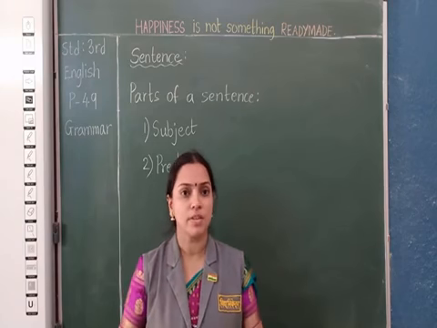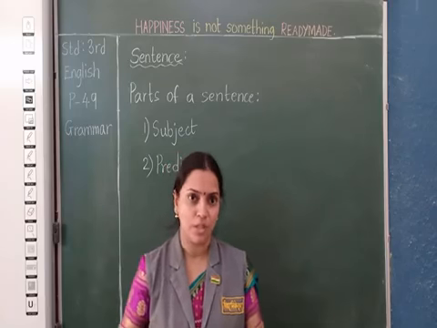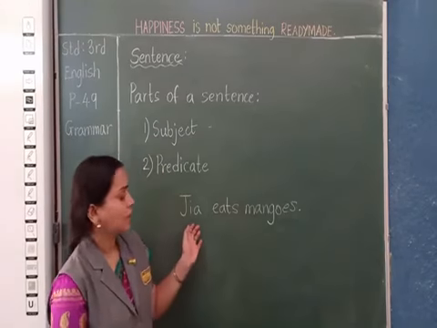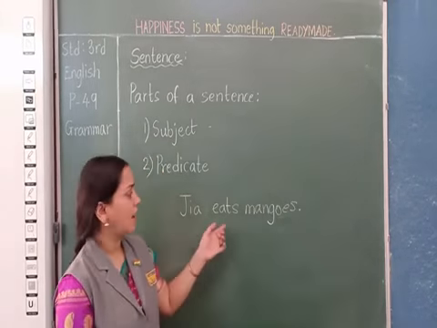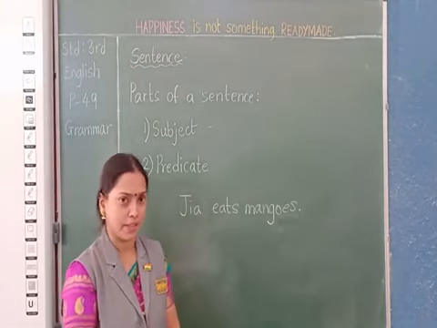Okay, who the person, animal or thing the sentence is about. So in our example, Jia eats mangoes, let us find out the subject and predicate.